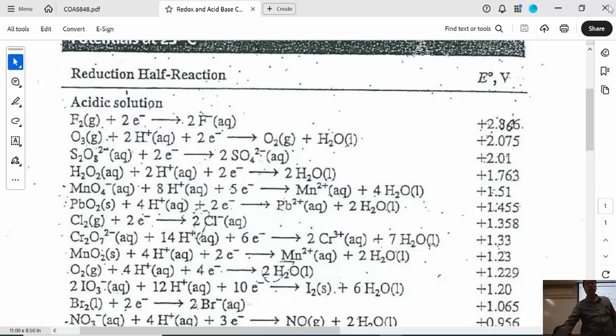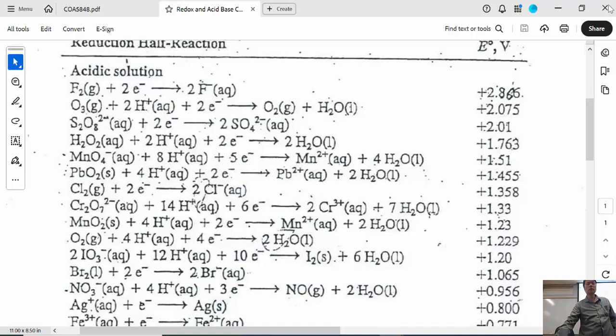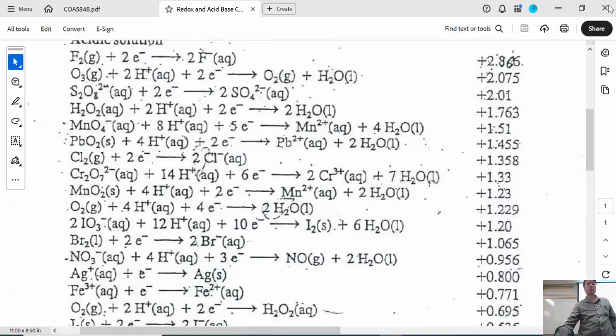Let's take a look at some of these here. So for example, nitrate. If you look at nitrate, there are 3 oxygens here. But when we look at nitric oxide, there's only 1 oxygen here. So we lost 2 oxygens. Now where did those oxygens go?